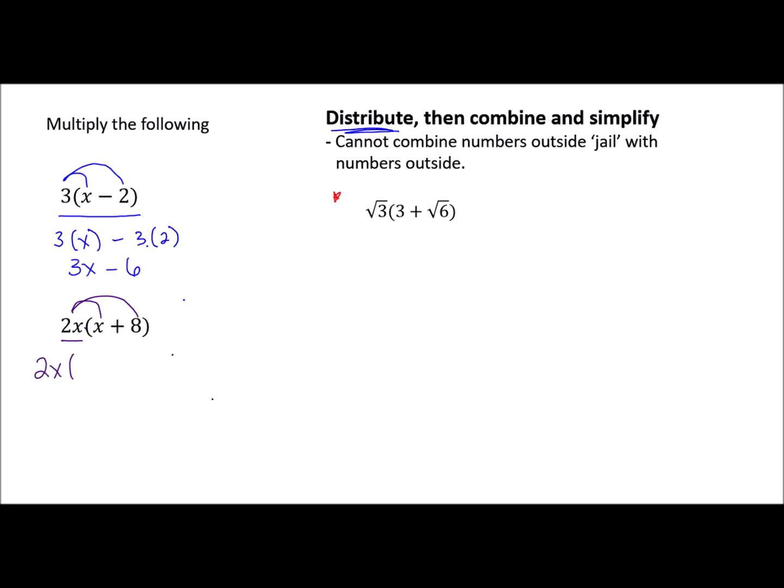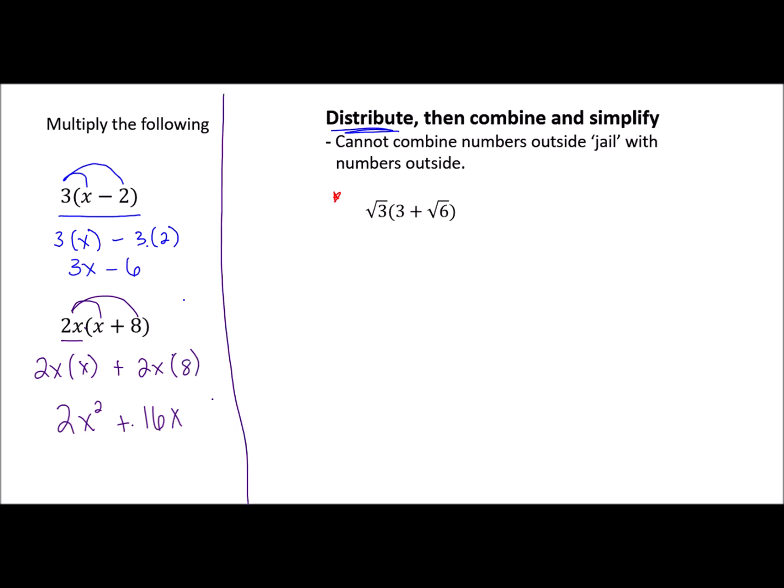So multiply 2x by x plus 2x times 8. Right, we've got 2 times x, which is x squared, plus 2 times 8, 16, and then we have this x there. Now I can't do anything further there because they have the same variable but different powers, so that would be multiplied all the way.